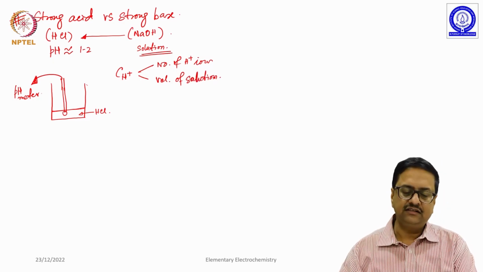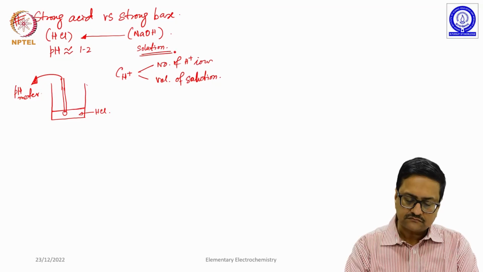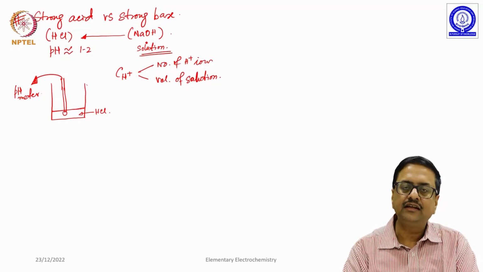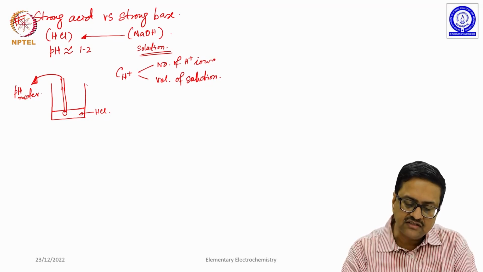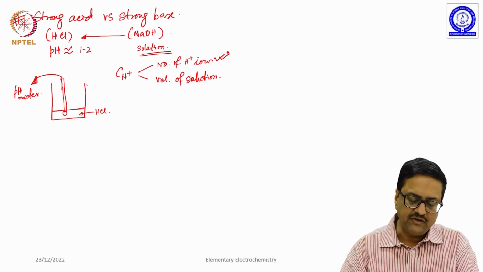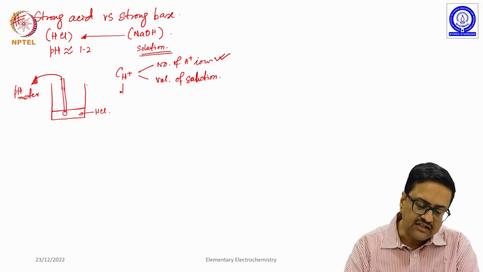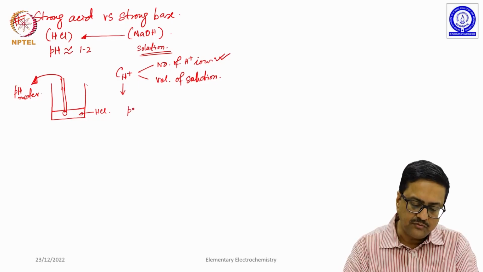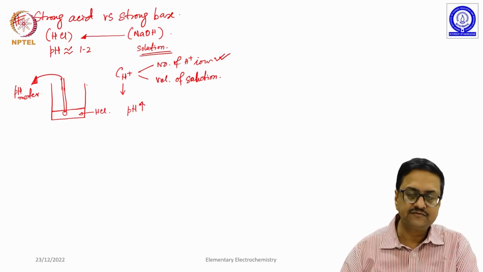So, while doing this titration, by reacting it with NaOH, we are continuously reducing the number of H plus ions. Reduction of the number of H plus ions will result in reduction of H plus ion concentration. As a result, pH is going to increase.